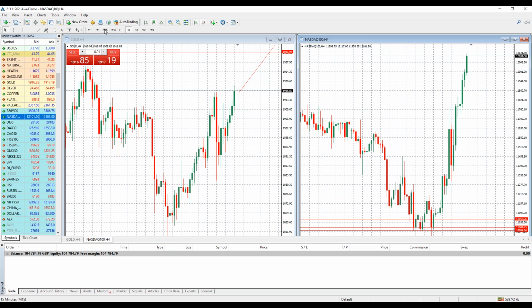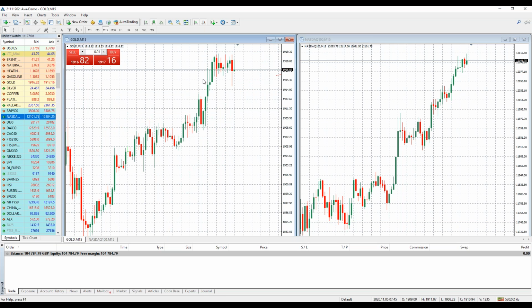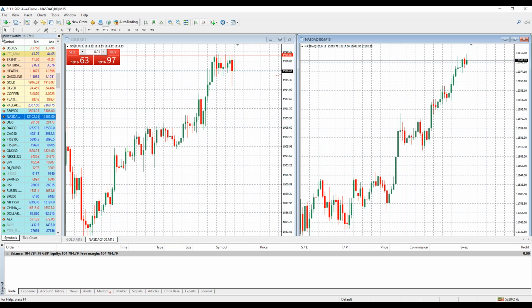Let's go to 15-minute candles on both. Okay, we see gold has kind of capped itself here with a bit of resistance and started to pull back down. The NASDAQ seems to have slowed a bit. If we draw a line on the NASDAQ, there's the high point.